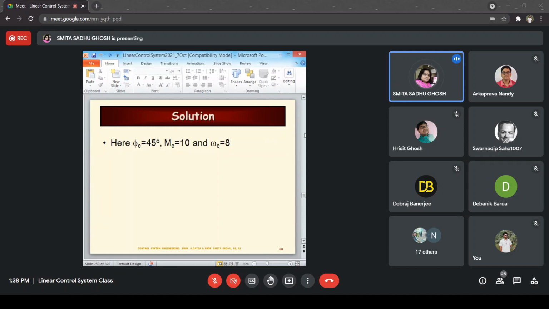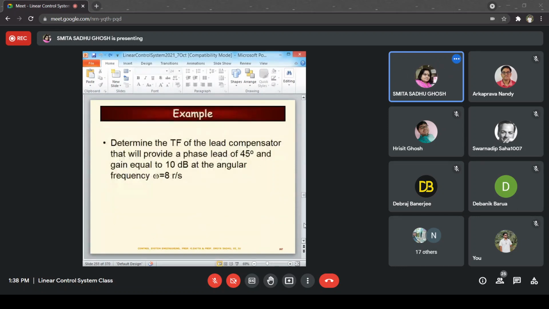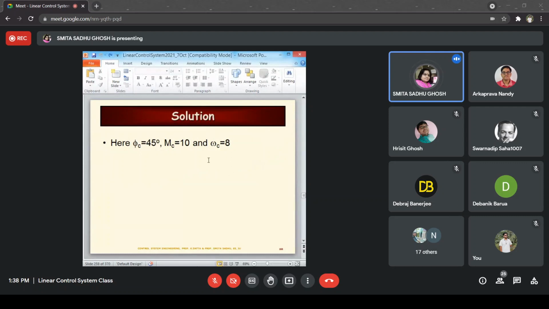Now, to recapitulate, C is equal to 10 to the power of MC by 10.